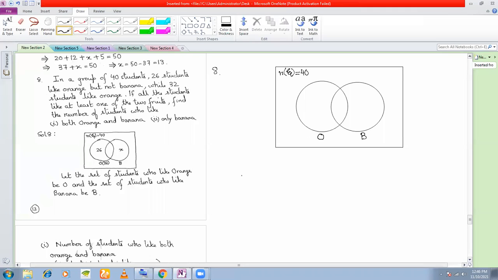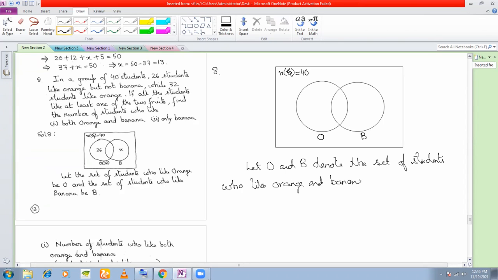Okay, so I write let O and B denote the set of students who like orange and banana respectively.